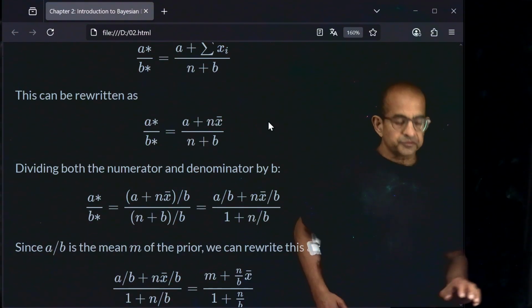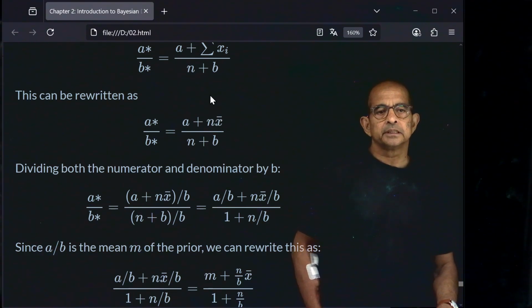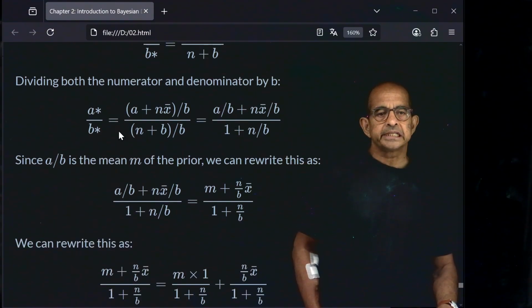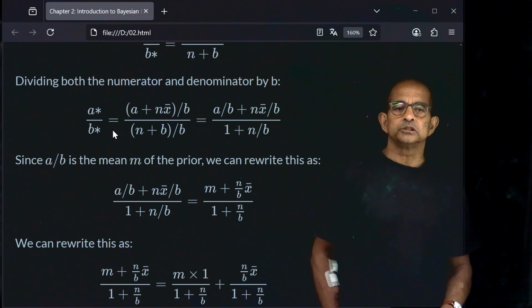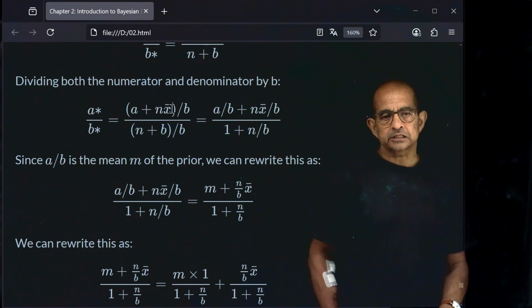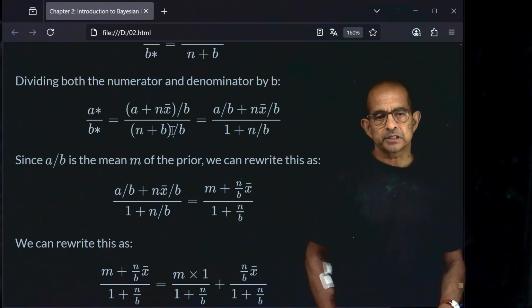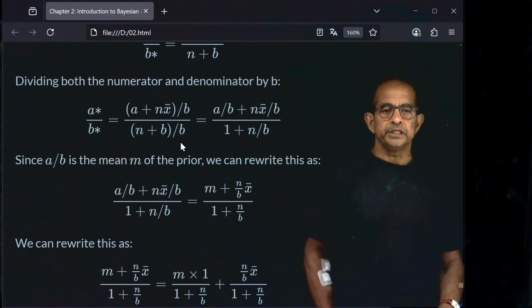Okay, so now I've rewritten this equation by rewriting sum of x as n x bar. If I divide both the numerator and the denominator by b, I get a very interesting transformation in this equation. The numerator is a plus n x bar, the whole thing divided by b, and the denominator is n plus b divided by b.